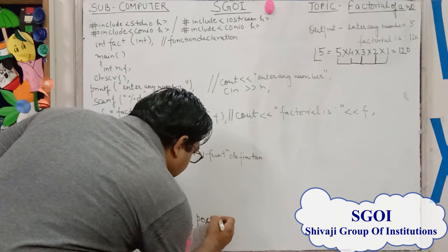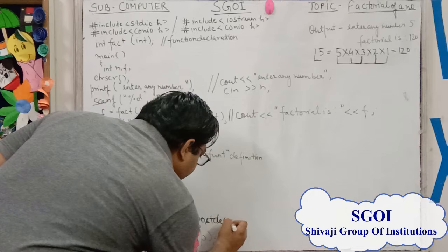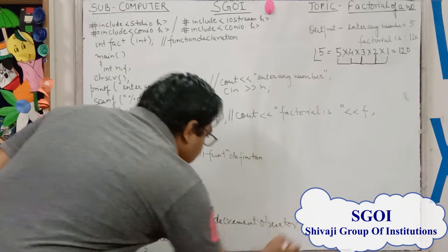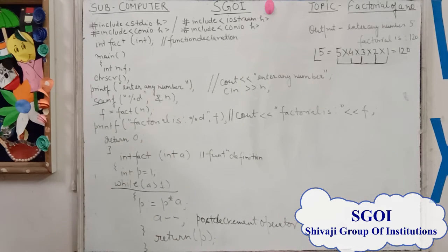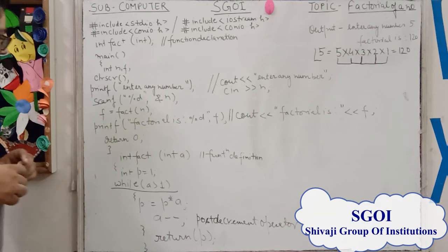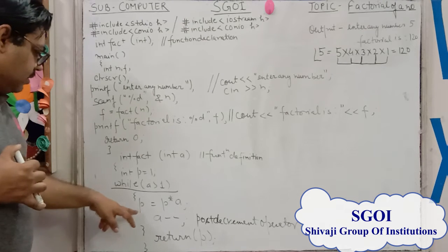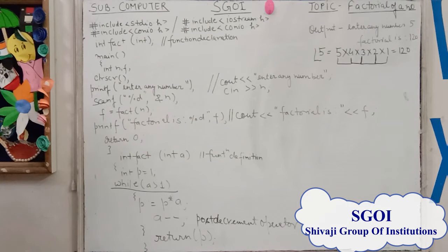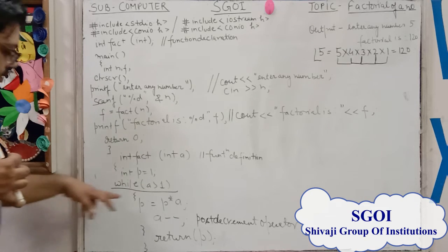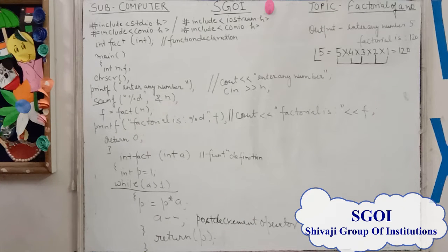this is the post decrement operator. It decreases the value by 1. Then the next value becomes 4. After that it multiplies by 4 and p becomes 20. Then it goes to the while statement, the value 3 is greater than 1, and next time 20 into 3, that is 60. 2 is also greater than 1, so 60 multiplied by 2, that is 120.